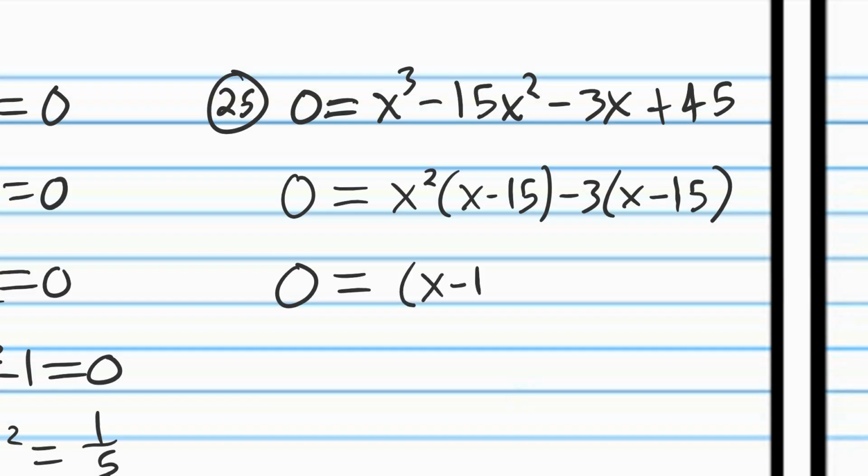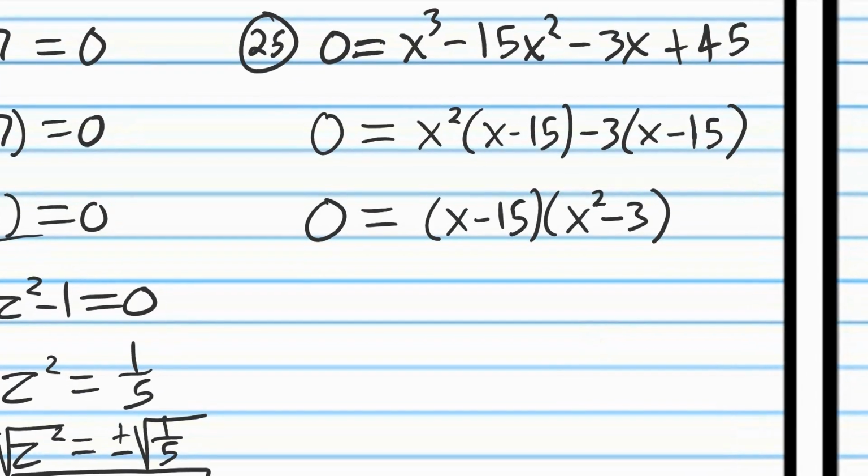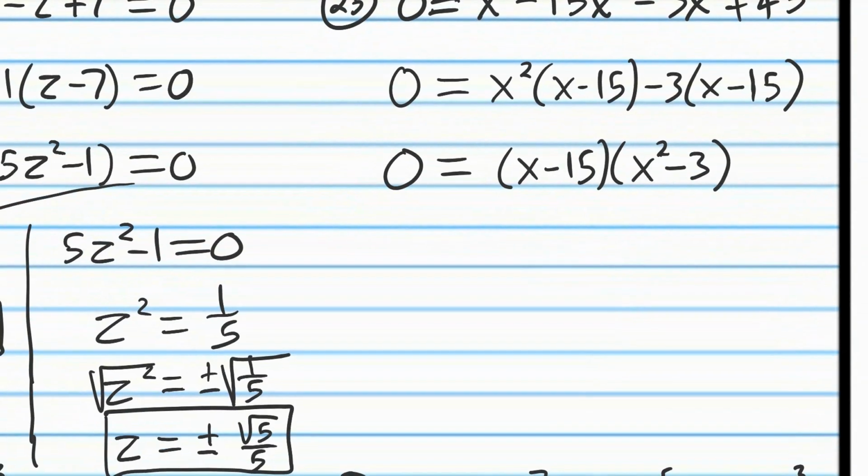Factor out x minus 15. So it is true that this is the difference of two squares, but it's not easy to factor. So we're just going to have to treat that as an equation with squares.